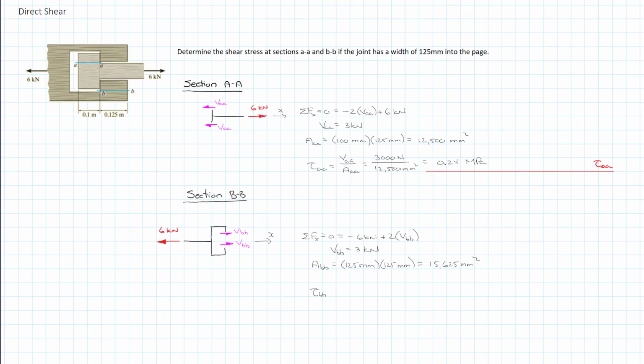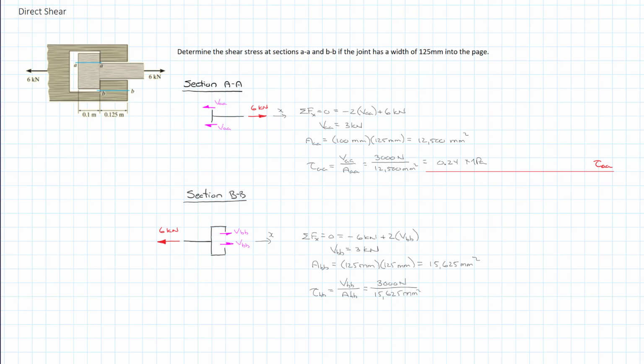So our tau on BB, or shear stress, is equal to our shear force on BB divided by our area of BB. And so that's equal to 3,000 newtons divided by the area, 15,625 millimeters squared.